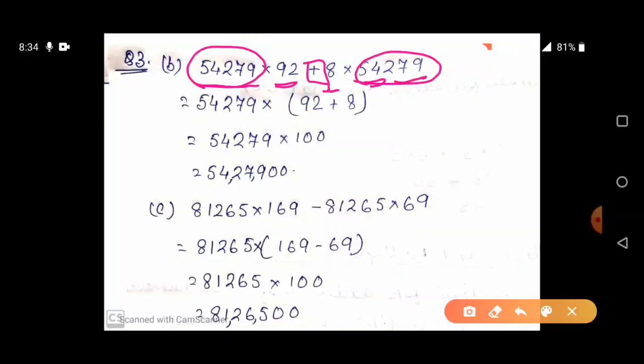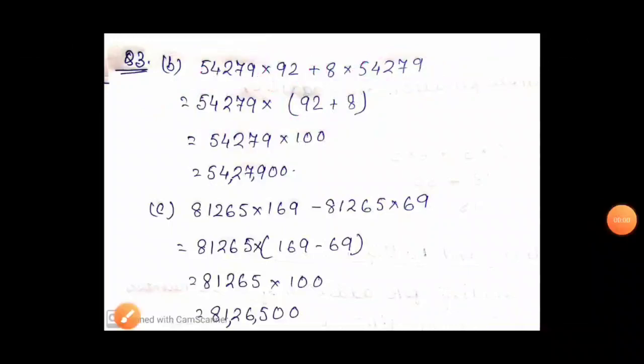So from here we can get an idea that here we have to use the distributive property, distributivity of multiplication over addition. Now see, whenever a common number is there, we can take it out and we will give the multiplication sign. Inside the bracket we will write the remaining numbers. Remaining numbers are this 92 and this 8. We will give the addition sign in between them.